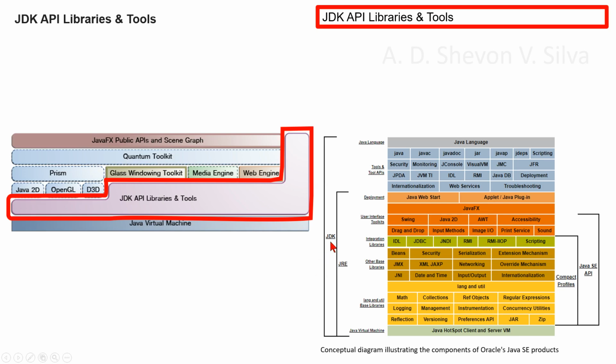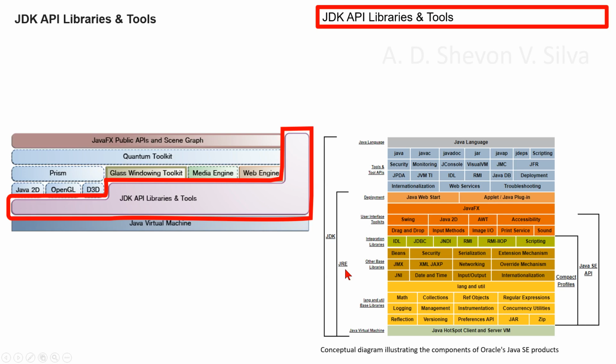JDK, Java SE Development Kit. JDK includes the JRE plus command line development tools such as compilers and debuggers that are necessary or useful for developing applets and applications. JRE, Java SE Runtime Environment.